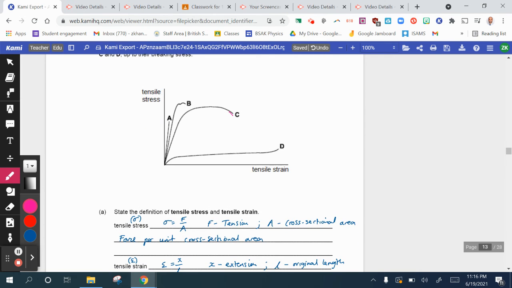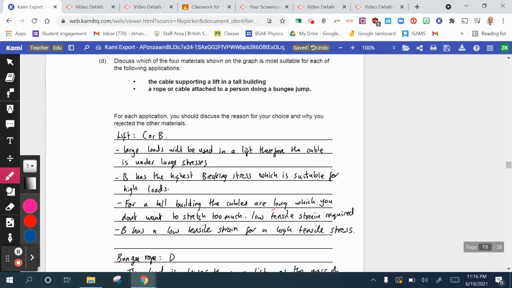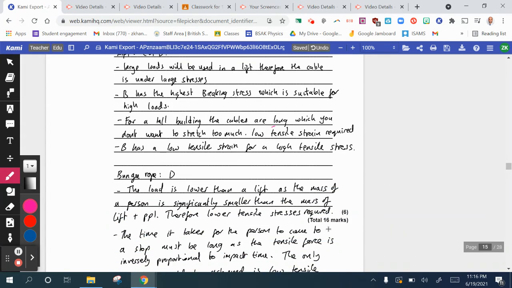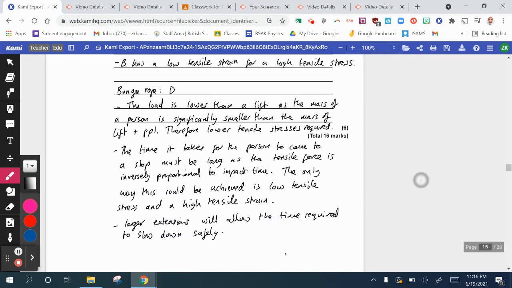So it is an advantage or a disadvantage. You can add those points in as well. So B has a low tensile strain for a high tensile stress. These are valid points that you could mention that will pick you up marks for C or B.